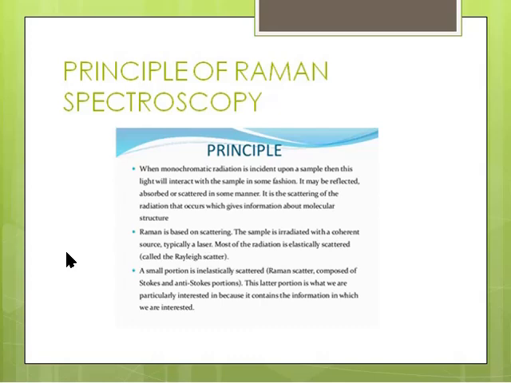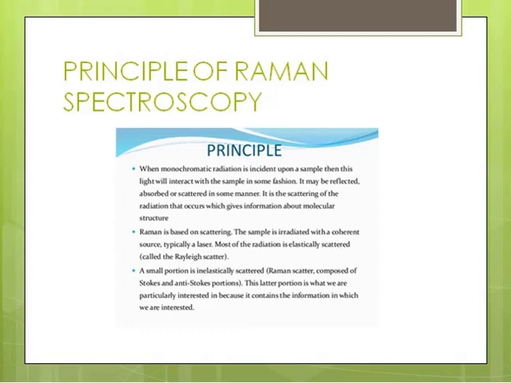A small portion is inelastically scattered. Raman scatter is composed of the Stokes and anti-Stokes portions. The latter portion is what we are particularly interested in because it contains the information we are interested in.